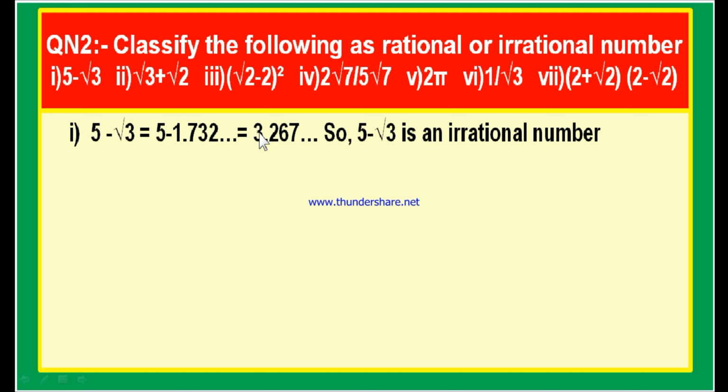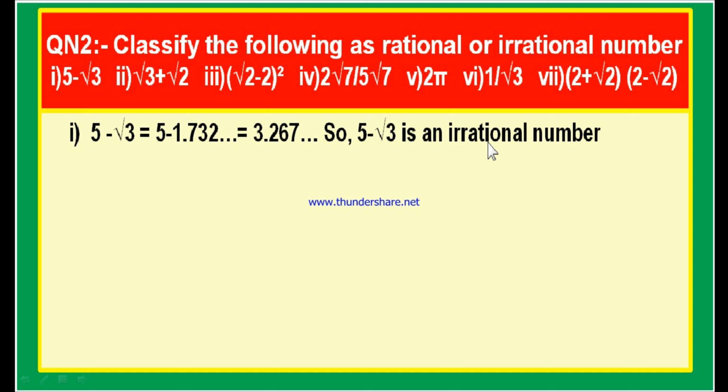If you subtract this, then you will get 3.267 and so on. Again, what is the result? The result is again a non-terminating and non-recurring number. Therefore, 5 minus √3 is an irrational number.